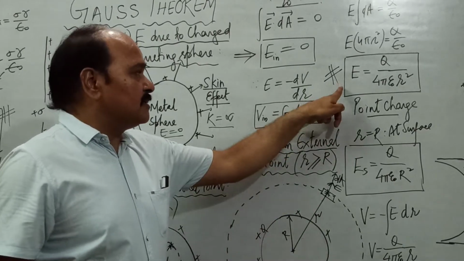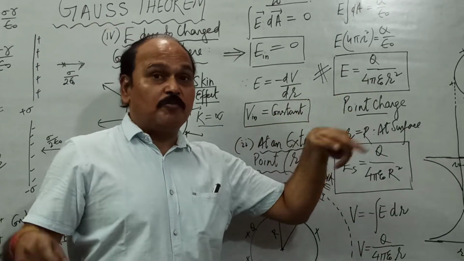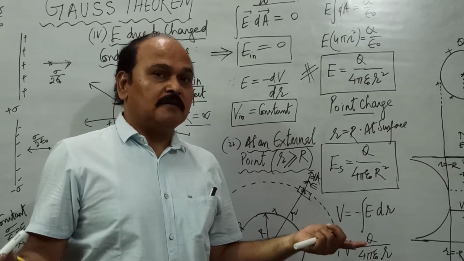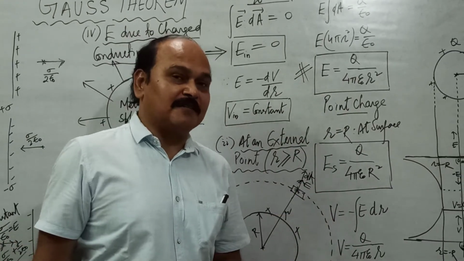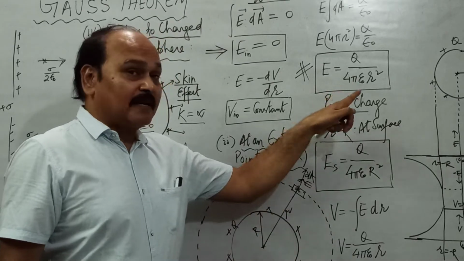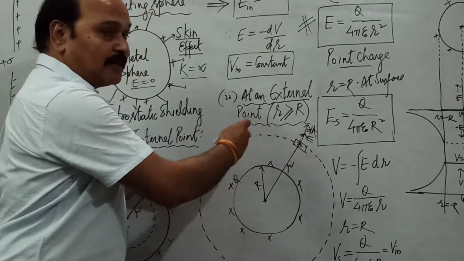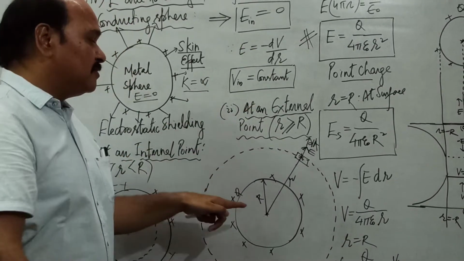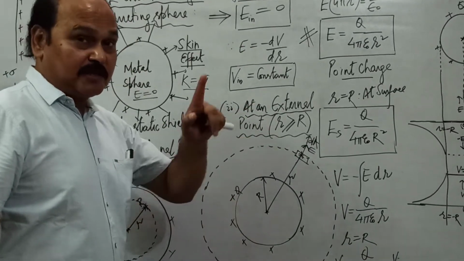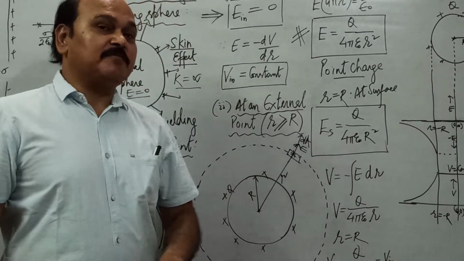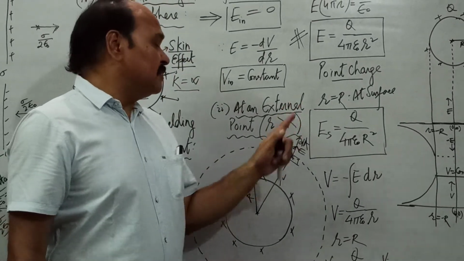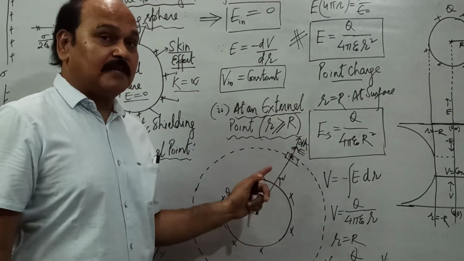And see, this result is exactly the same as the electric field intensity due to a point charge. And here lies the concept of point charge. Since the result is exactly the same as for a point charge, the whole charge of the spherical conductor can be assumed to lie over its center as a point charge. But remember, this assumption is true only for points outside the sphere, not inside.